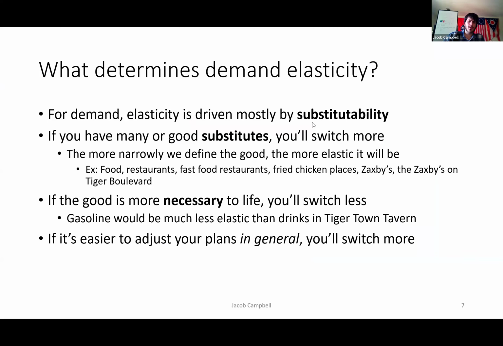Now, what determines demand elasticity? Well, for demand, elasticity is driven mostly by substitutability. So if you have many or you have good substitutes, you're going to switch more in response to a price change. And the more narrowly we define the good, the more elastic its curve is going to be. So demand for food as a category is going to be pretty inelastic, won't it?